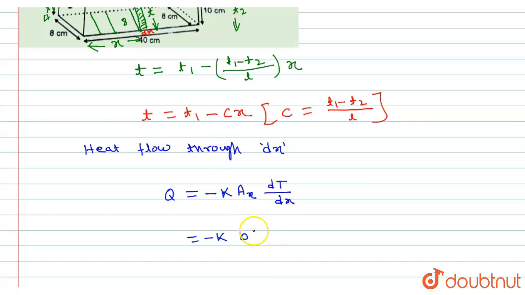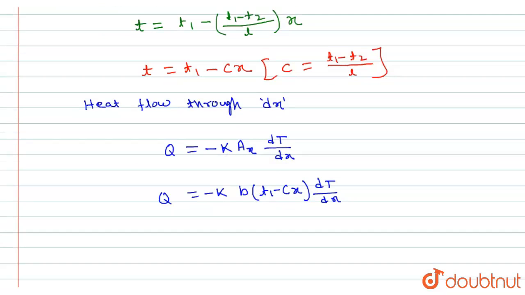So Q is equal to minus K B (T1 minus Cx) into dT divided by dx. Clear? Now from here we can write Q divided by (T1 minus Cx) into dx is equal to minus Kb into dT.